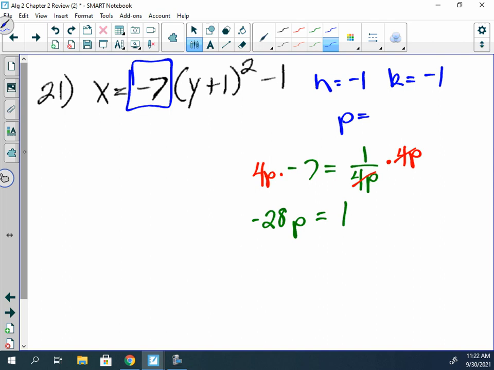And from here we can do what? Divide both sides by negative 28, telling us that p is equal to negative 1/28. Any questions on how we found the value of p?